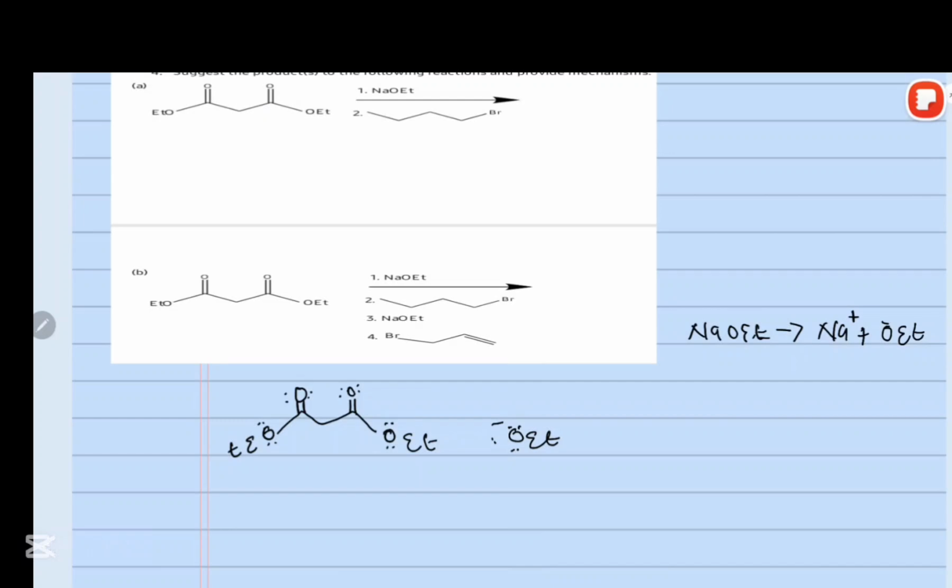Let us dive into the mechanism, meaning we need to put in our lone pairs. Now we remember the carbonyl alpha carbons. The hydrogens of an alpha carbon are acidic in nature, meaning here we have two hydrogens.